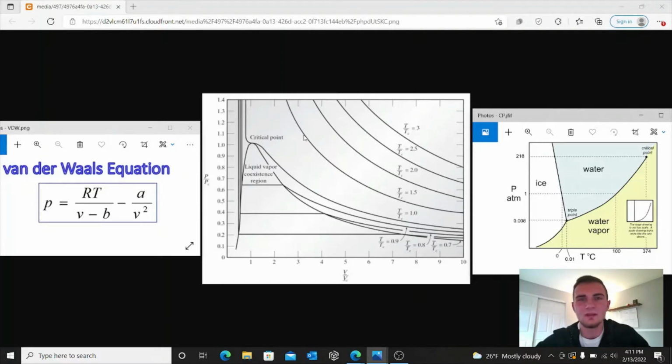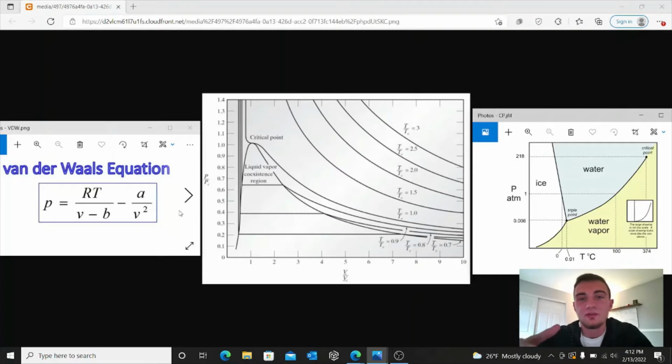We also have an inflection point here, which tells us that the second derivative of this expression will be equal to 0. So we now have two expressions: the first derivative and the second derivative of the van der Waals equation are both set equal to 0.